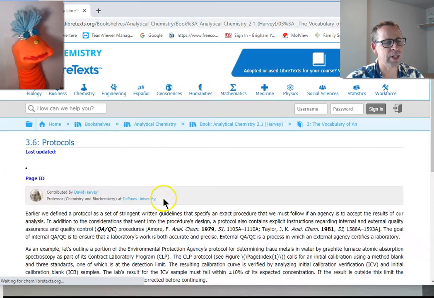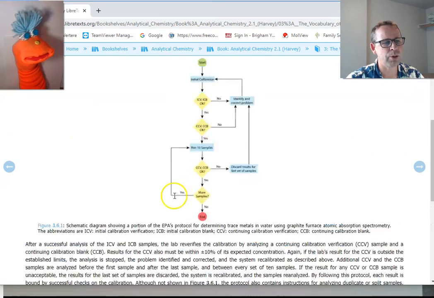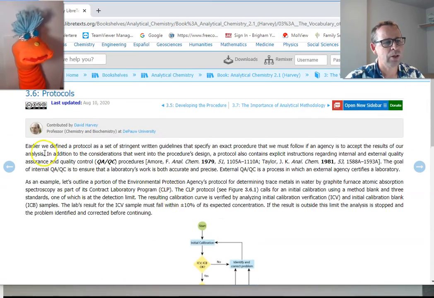Very good. So one last little conversation about protocols. Agencies, federal labs, state labs, they'll often provide protocols or have designated protocols which contain quality assurance and quality control.